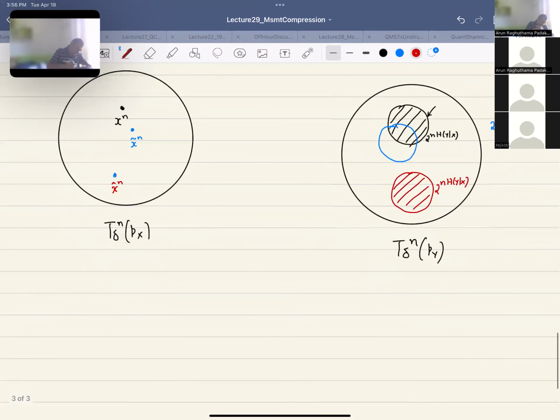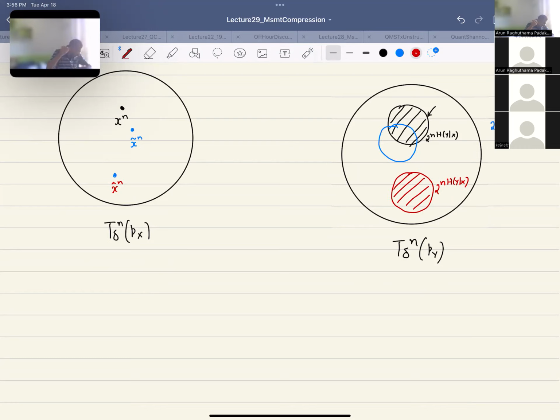So the question is now, how do we do that? You get some idea here that the only thing you should tell Bob is which ball to pull out. From that ball, he will pick randomly. If he does so, then you're essentially simulating nature. So you really don't need to tell the y^n sequence.